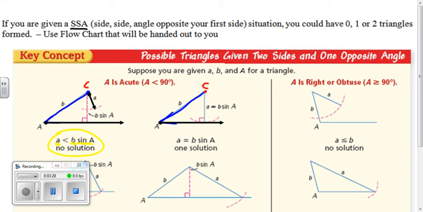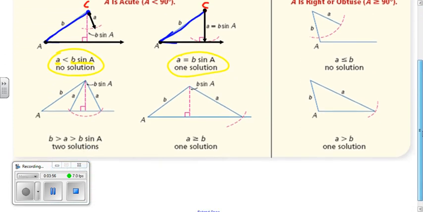And then we have our leg A, which again is only so far. Now it can come over here, it can come over here, but it only touches at one point, and that would be right here. And that's because A is exactly equal to B times sine A. When this happens, there's only one solution. There's only one point that will work, one triangle created.